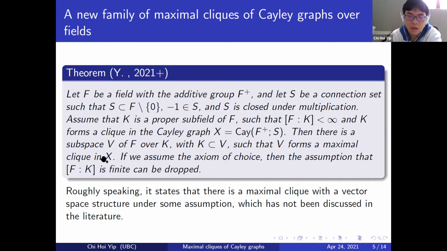Roughly speaking, we can find a maximal clique with a vector space structure under certain assumptions. If we also assume the axiom of choice, then we can drop the condition on the finiteness of the degree of extension, because here we need to use something like every vector space has a basis. So if the dimension of the vector space is infinite, we have to assume the axiom of choice.